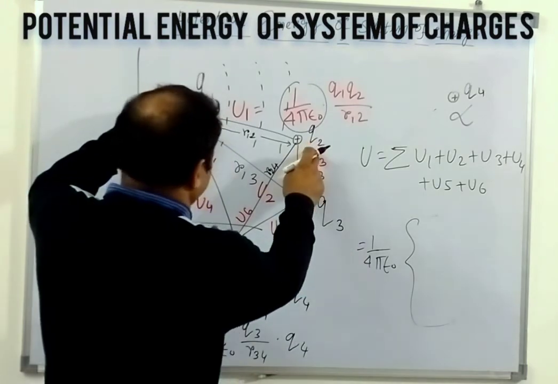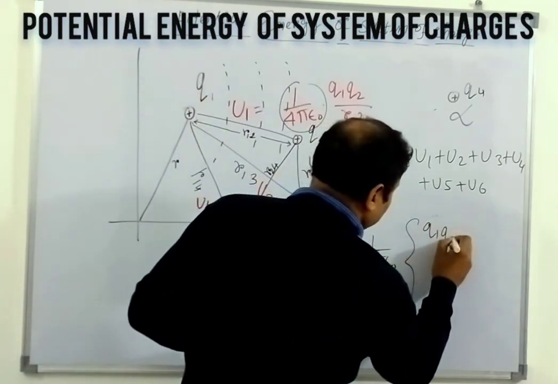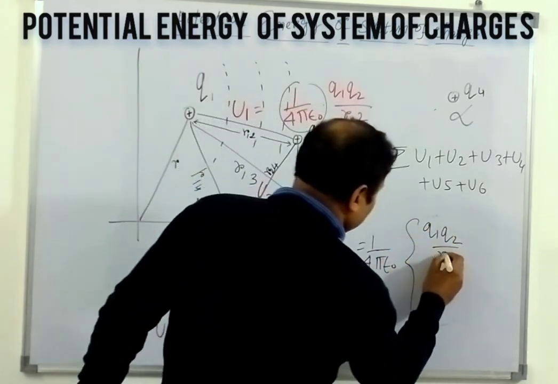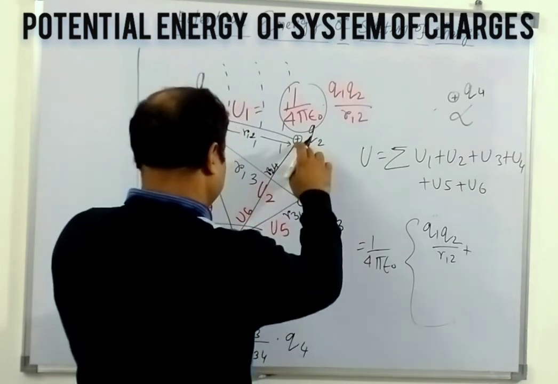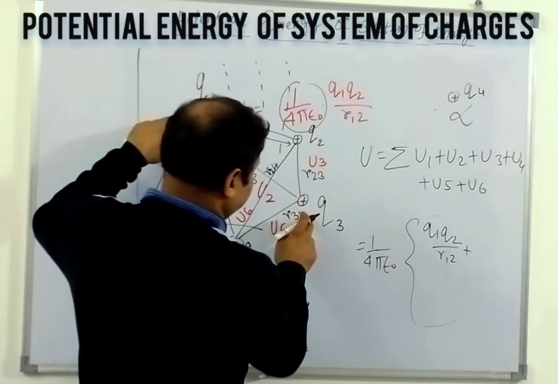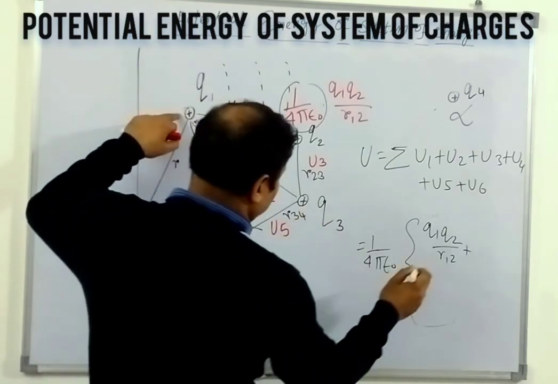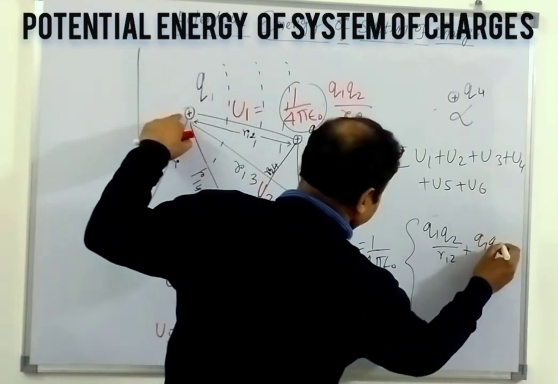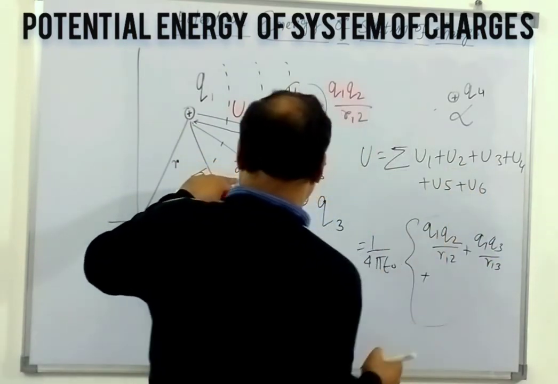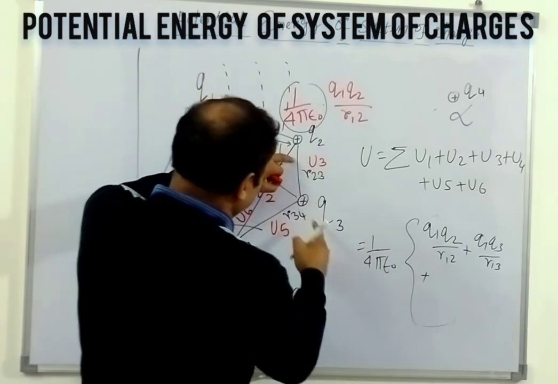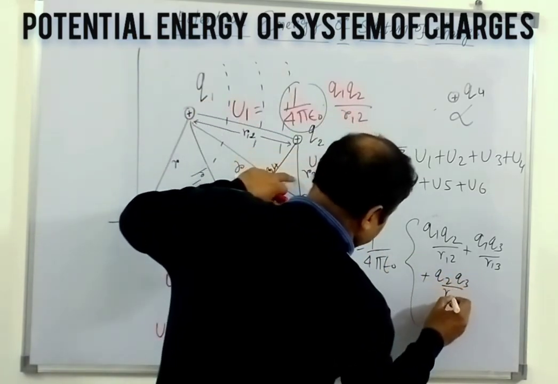U1 is Q1 Q2 over R12, plus U2, which we defined as between 1 and 3, so Q1 Q3 over R13. Then U3 is Q2 Q3 over R23.